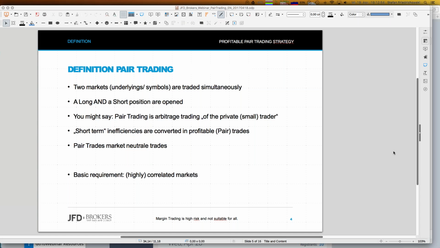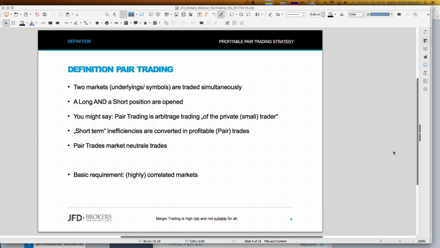So whatever we do, we always do twice. Buying, so opening those trades and closing those trades, is always at the same time. Additionally, we always open a long and a short position, but not on the same symbol. That does not make any sense, but on those two different symbols.